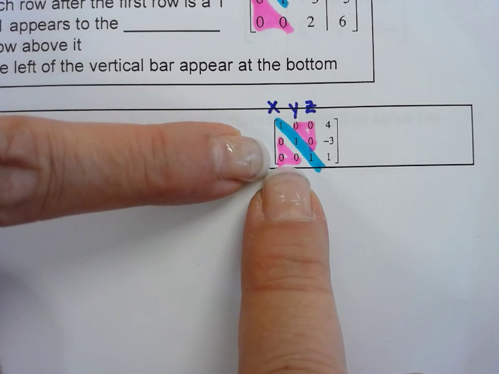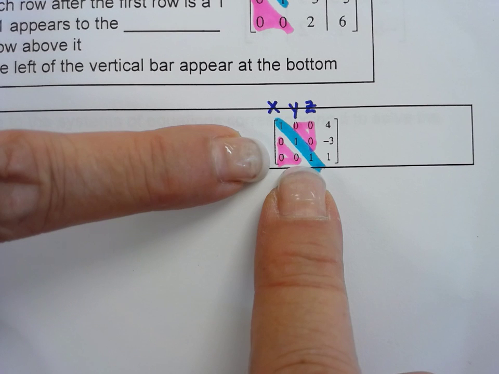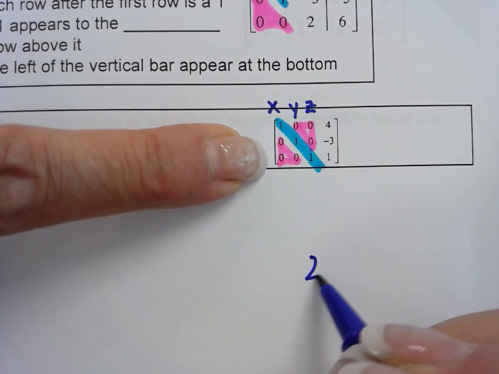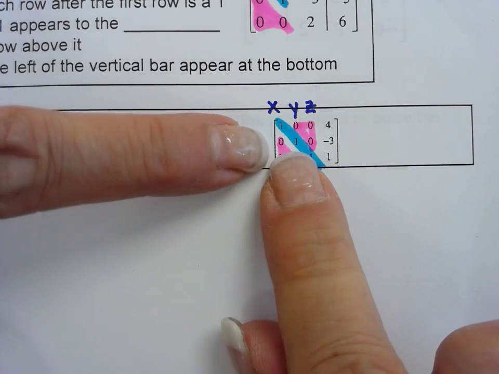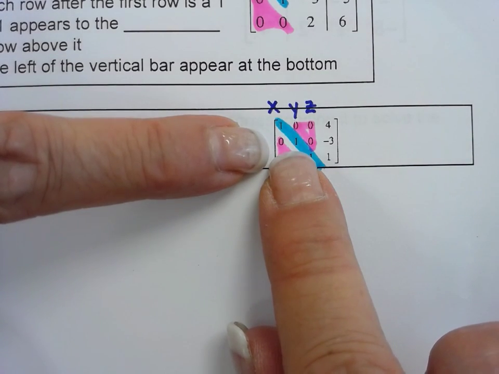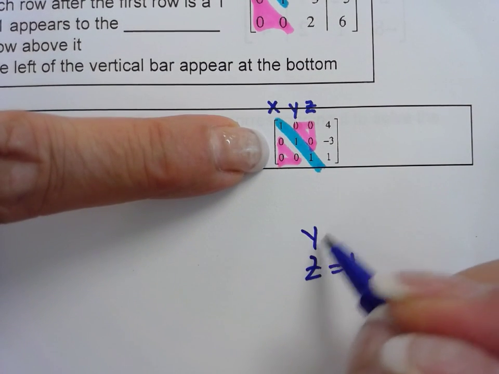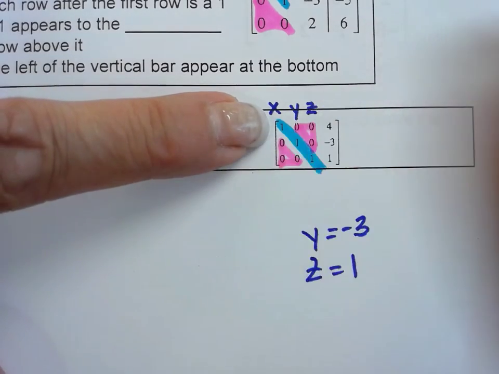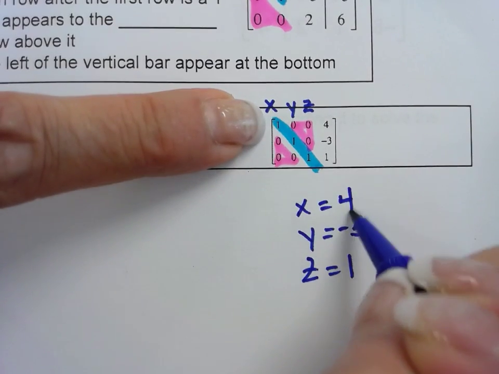If I have 0x, 0y, what's this very last equation going to be? 1z equals 1. Yep, so z equals 1. What's my middle row going to be? Y equals -1. And then my first row? X equals 1. Do you have a solution?